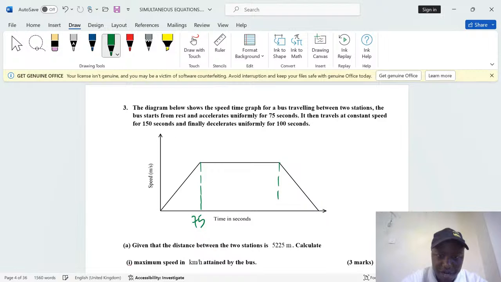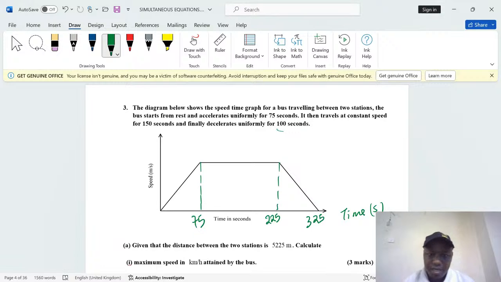So when we add 150, we'll find ourselves at 225. And finally, we are told that it decelerates uniformly for 100. So we'll have 325. This is the time in seconds on these axes. Then we have speed in meters per second.